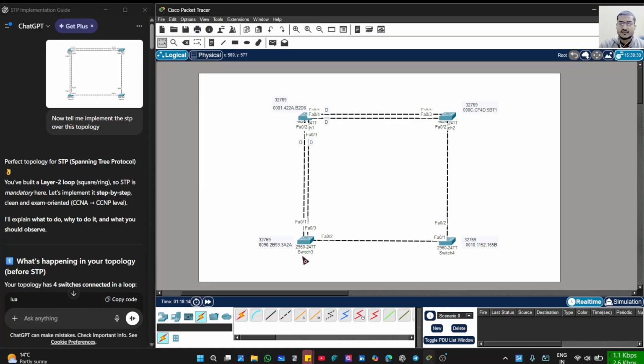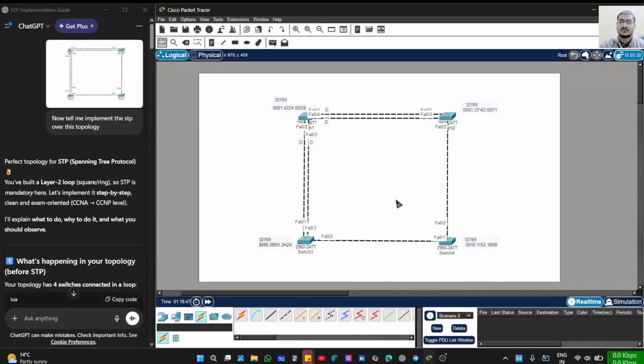Okay, so the term root bridge: what is it and how is it elected? As you can see right here, these numbers are the bridge IDs, which are a combination of the priority number and the MAC address. On the basis of the bridge ID, each switch initially assumes itself to be the root bridge until the election.